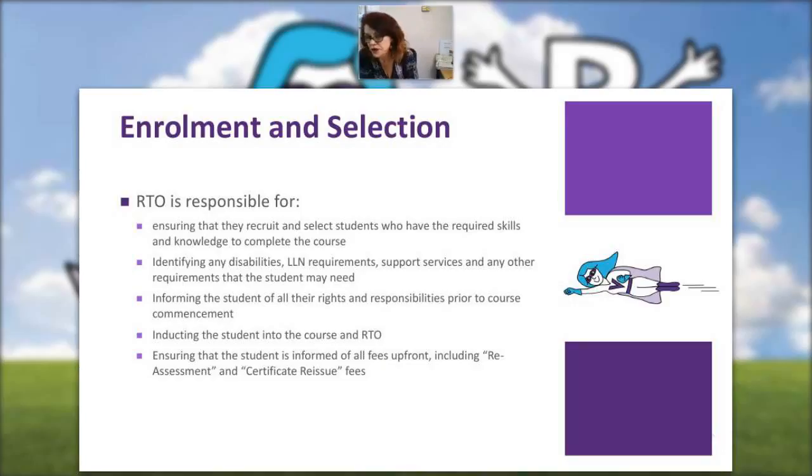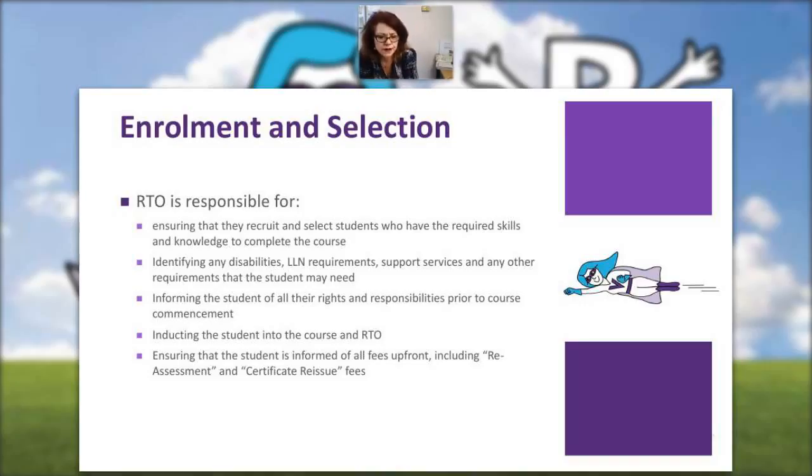And a lot of the students where this was happening didn't even know that they'd signed up for a course and that they'll have to pay it back in their tax. So it needs to be really clear. The RTO is responsible for ensuring that when they're recruiting and selecting, that it's clear to the student what you're going to be providing as the RTO.